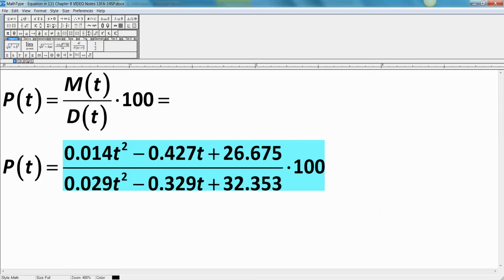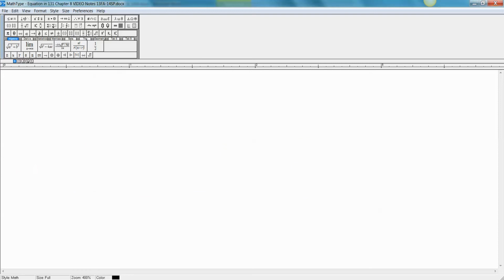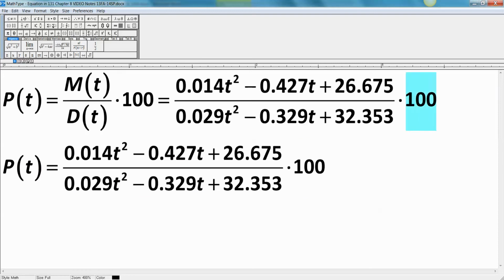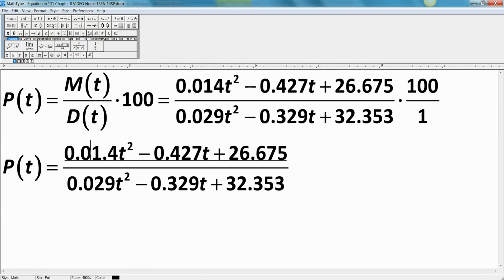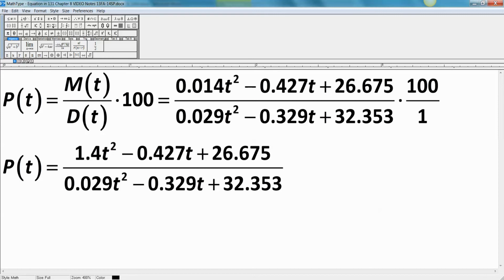All right, so when you multiply by 100, what you're really doing is multiply by 100 over 1, right? Because 100 is in the numerator. So the way this actually is going to work is that all three numerator coefficients are going to get multiplied by 100. And that's going to cause their decimal point to shift 2 places to the right.